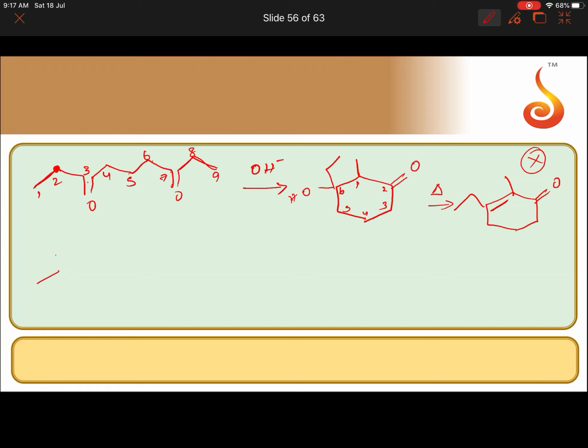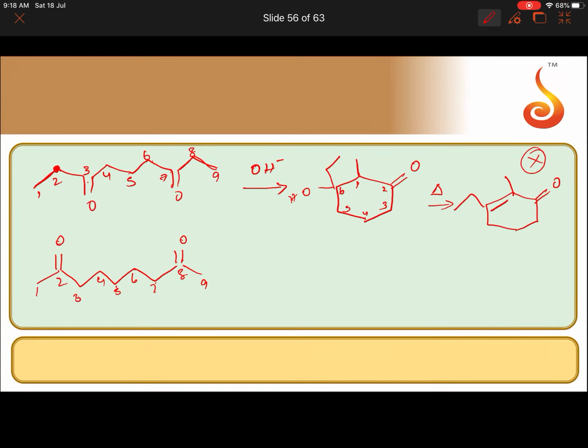Now let us check option D. 1, 2, 3, 4, 5, 6, 7, 8, 9. Now let us suppose the third carbon atom will form a bond with the 8th carbon atom.